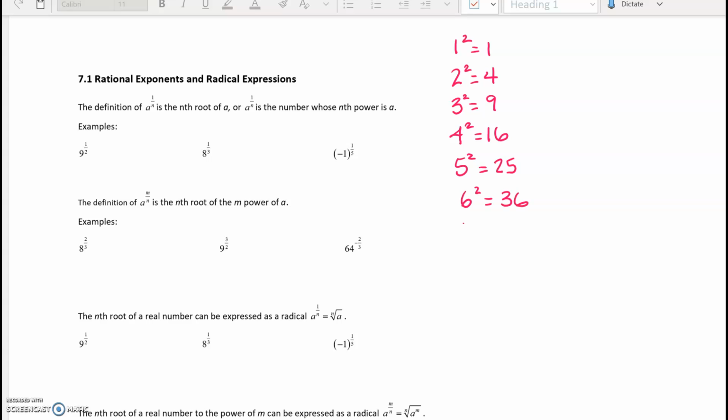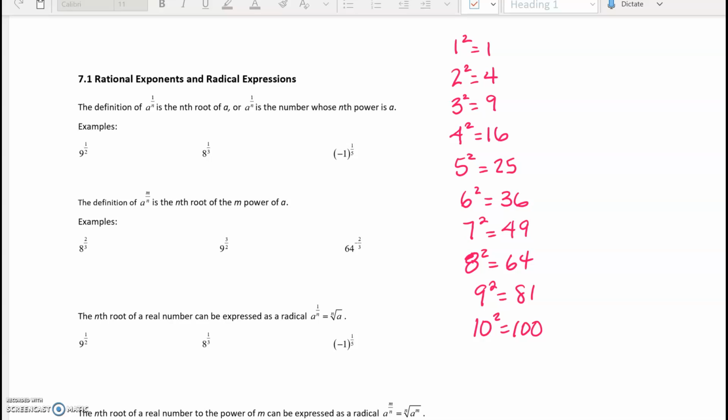We can even put them on the board for a few days just so you kind of get used to things. 8 squared is 64. 9 squared is 81, and we'll go up to 10 squared, which is 100. If you need more than that, we can work on it. I don't think we will.